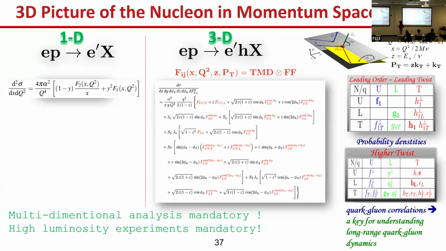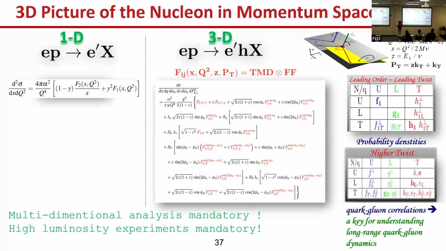And so I have here, for instance, the so-called Sivers function. It gives me the probability that I have a transversely polarized quark in an unpolarized proton, and so on and so forth for all the other functions. Sorry, this is the Sivers function, and this is the leading twist.